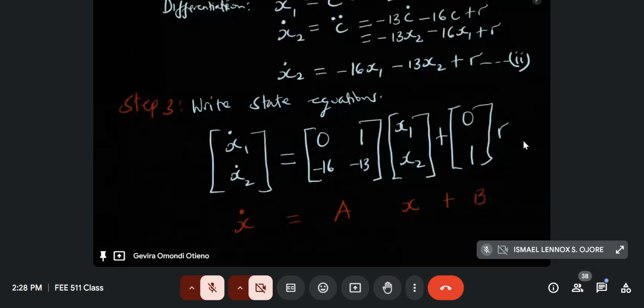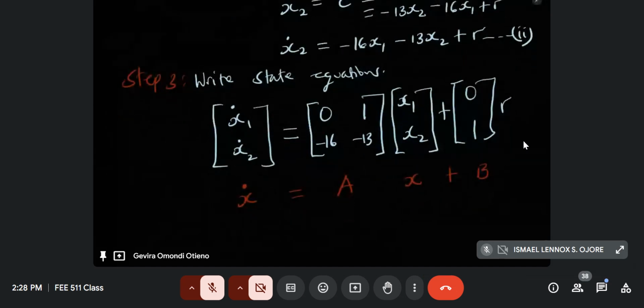But remember, ladies and gentlemen, it's not complete until we have the output equation. State space representation is never complete until we have the output equation.